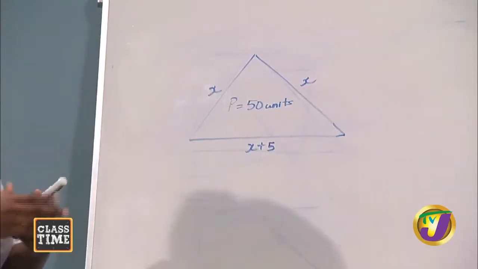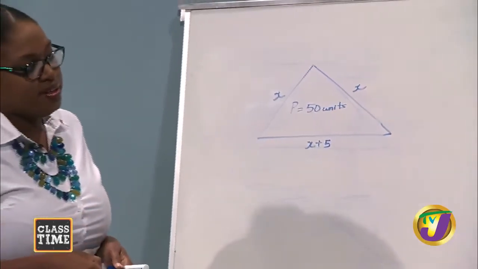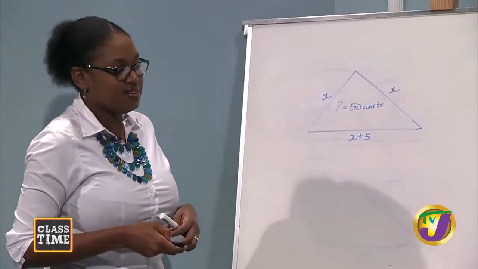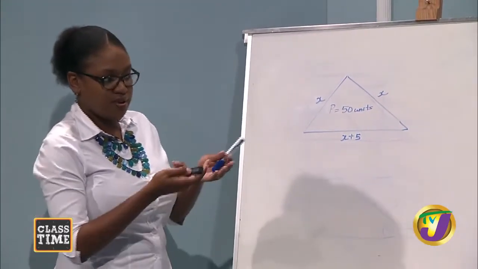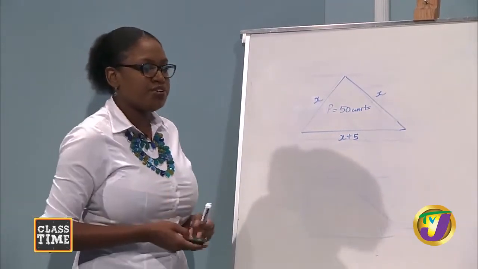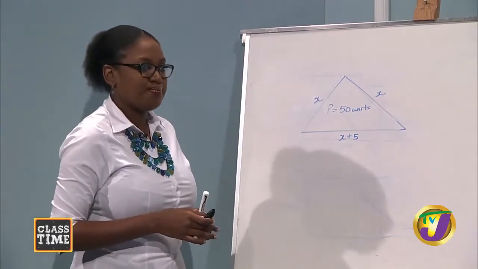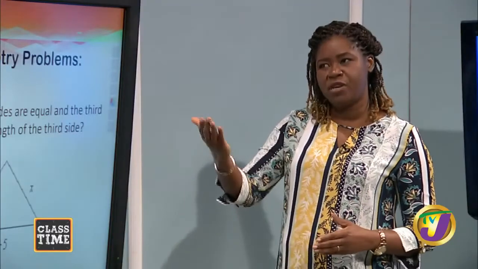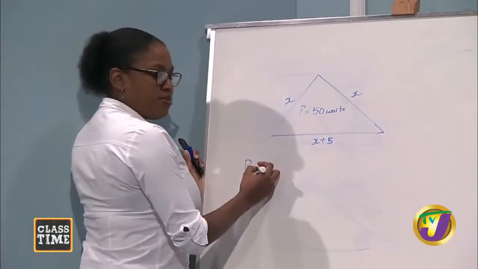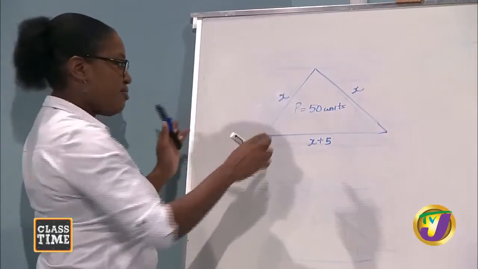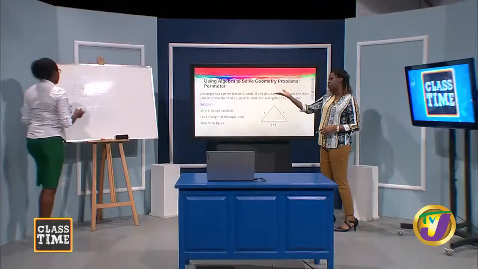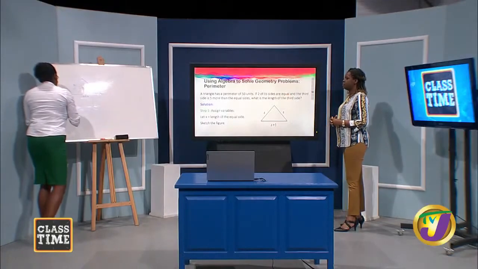Let me see my diagram. We have assigned variables, we have sketched. So we're on point. How do we find the perimeter of a triangle? Perimeter is the total distance around the figure, so we add all the sides. I'm going to use P for perimeter. Since you have the perimeter as 50, we could just write 50.